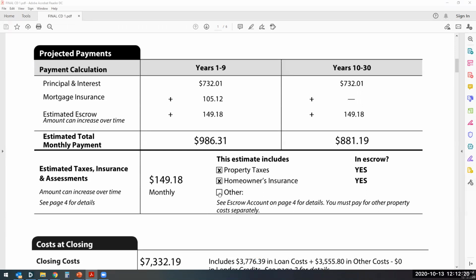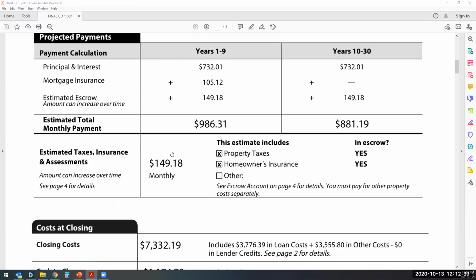But if you have, let's say, an additional $100 of HOA, now this monthly amount is going to be $249.18. And the only thing that is going to be paid in addition to the monthly payment is going to be that $100, okay?